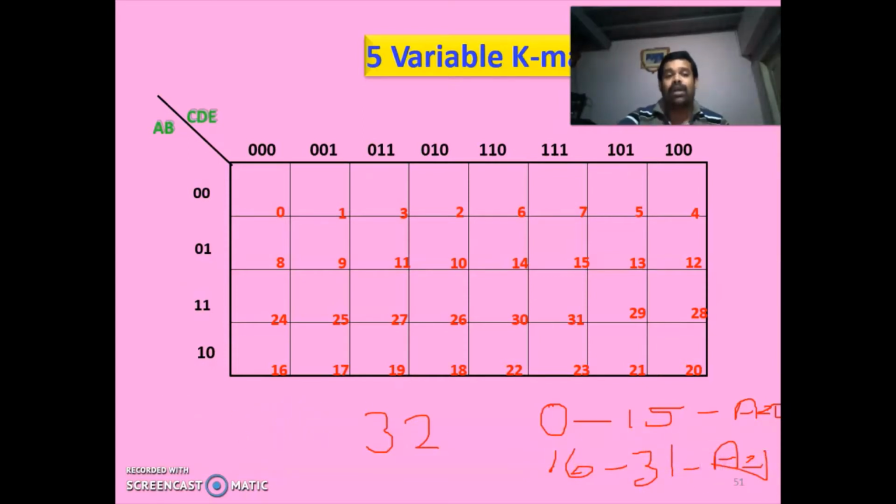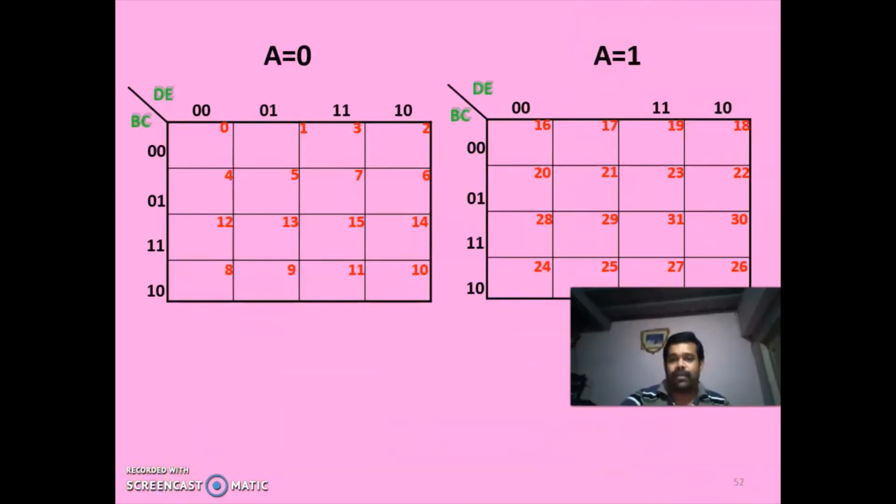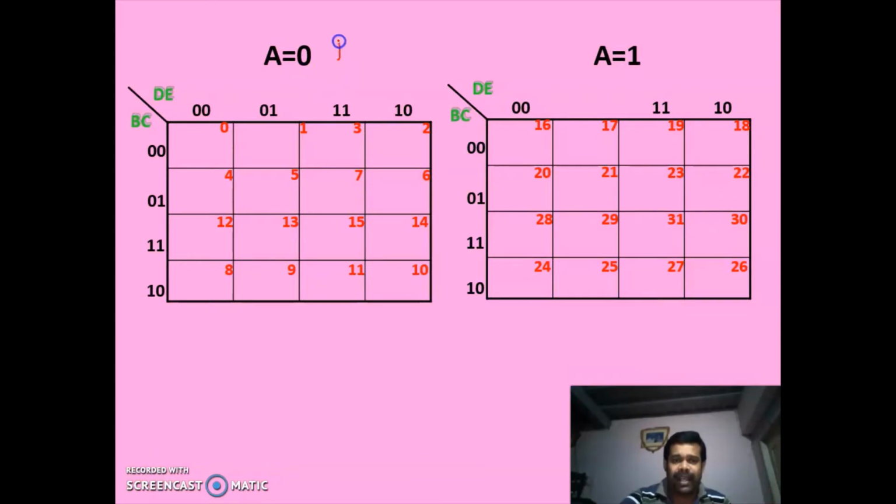So we are taking A as 0 in the first 4 variable K map, and A is equal to 1 in the second 4 variable K map.